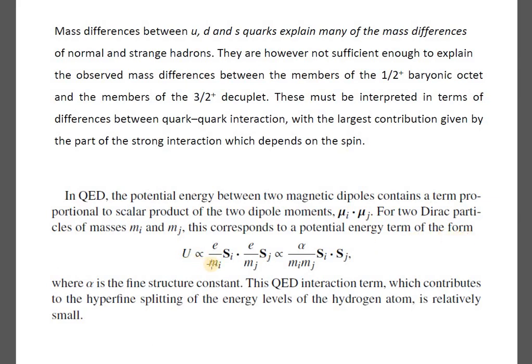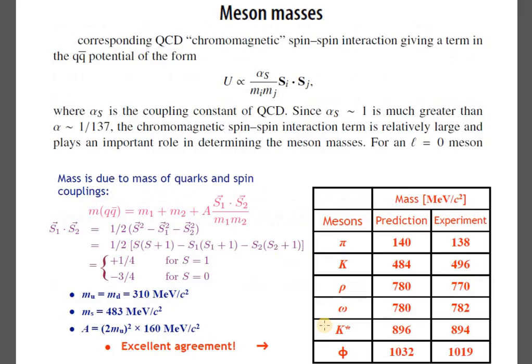U is proportional to S_i dot S_j, where alpha is the fine structure constant. Now this QED interaction term, which contributes to the hyperfine splitting of the energy levels of the hydrogen atom, is relatively small.